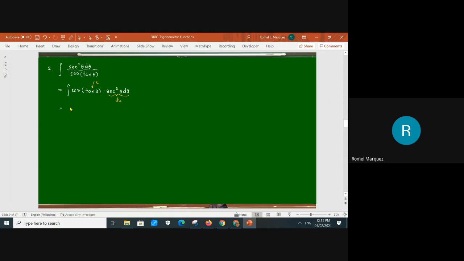It is sine u, okay? But what is my u, guys? So my u is tangent theta, po. Very good, no? That's it. Then plus c.